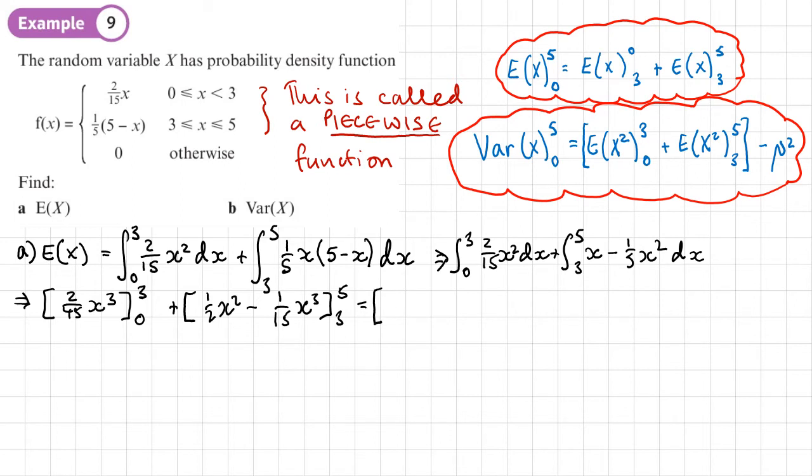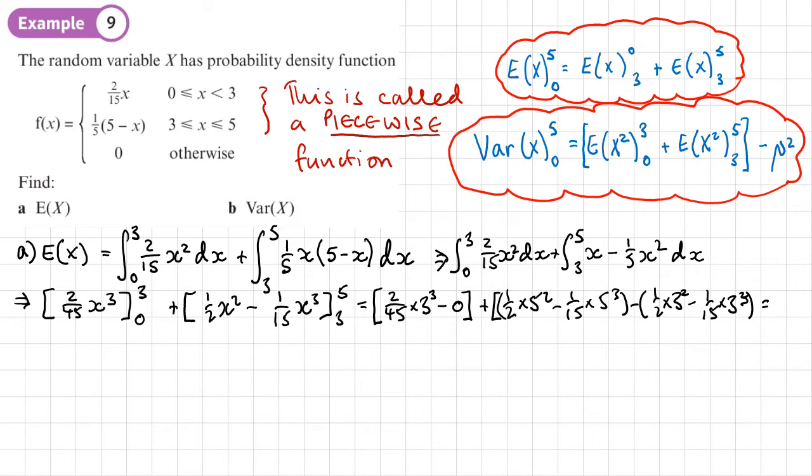So first set of brackets, we will have 2 over 45 times by 3 cubed, then minus 0 when we substitute 0 in. Plus, for the second set of brackets, we'll have half times 5 squared minus 1/15 times 5 cubed, minus a half times 3 squared minus 1/15 times by 3 cubed.